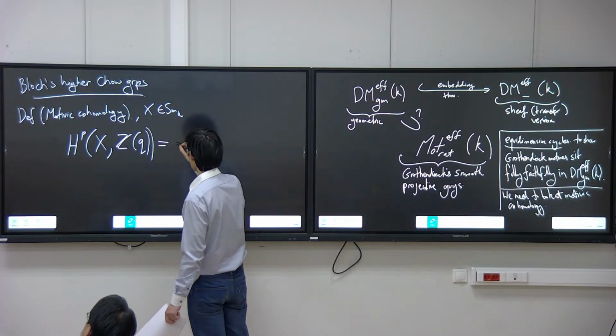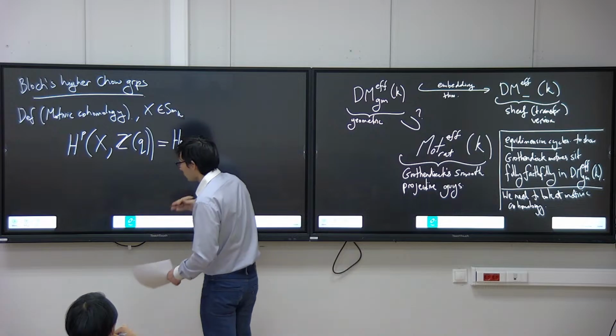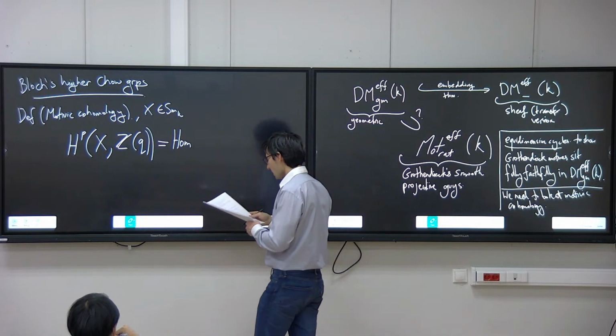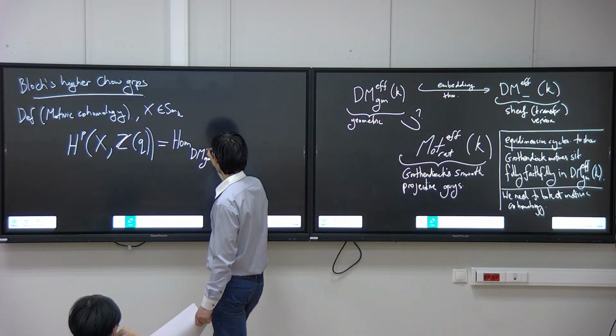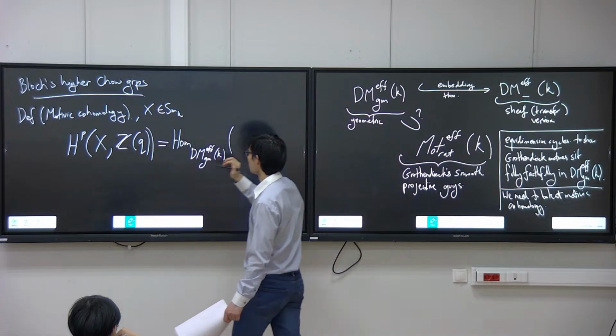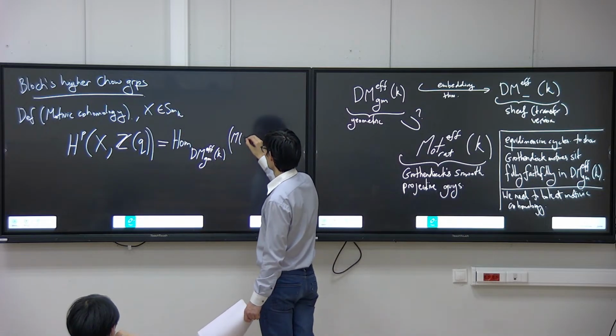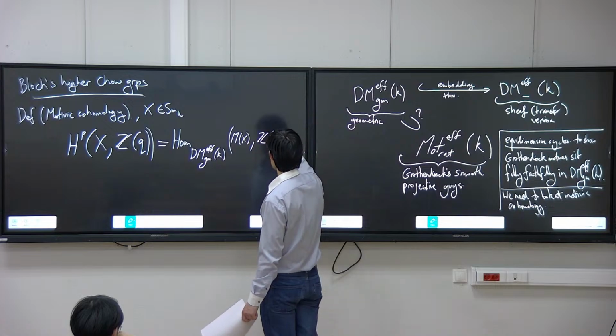This is a natural definition which holds in almost all cohomology setups. I take the homomorphisms in my category DM of geometric motives, say effective for now, of morphisms from the motive attached to X to Z(q) shifted by p.